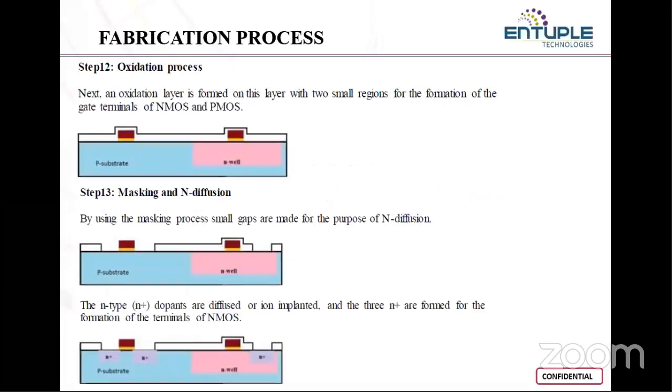Once that is done, again we mask the gate with oxide. We implant an oxidation layer, because that acts like a mask. It prevents the rest of the surface from getting spoiled or from getting diffused by alternative materials.